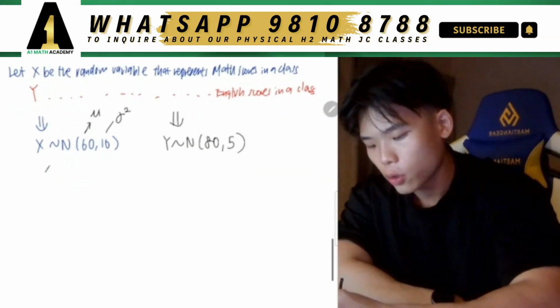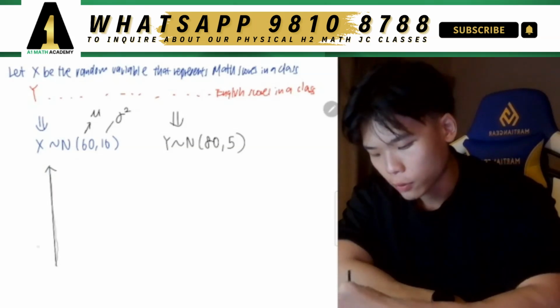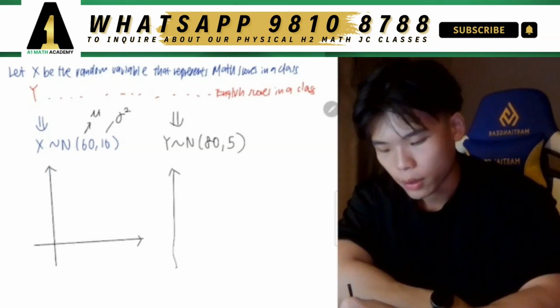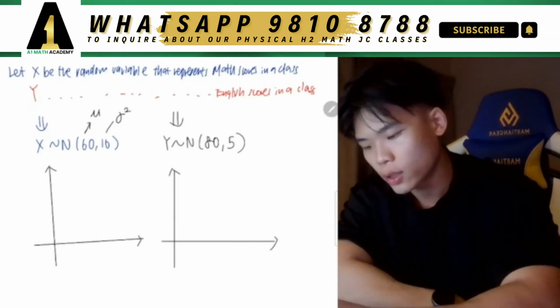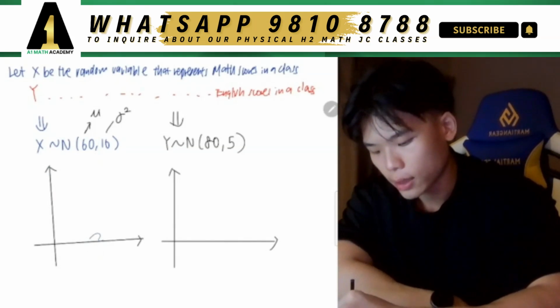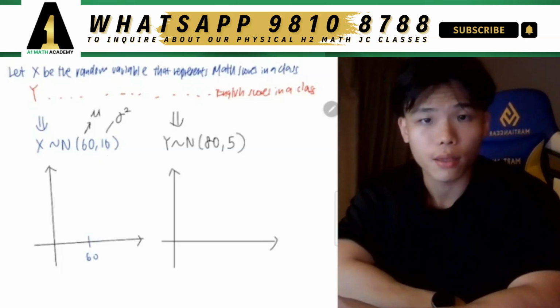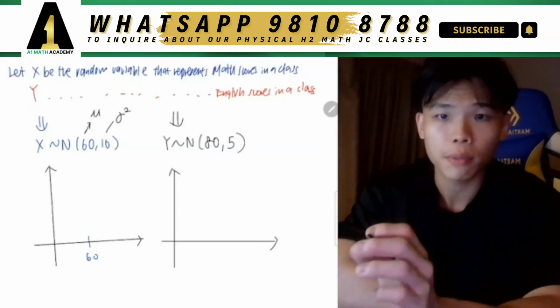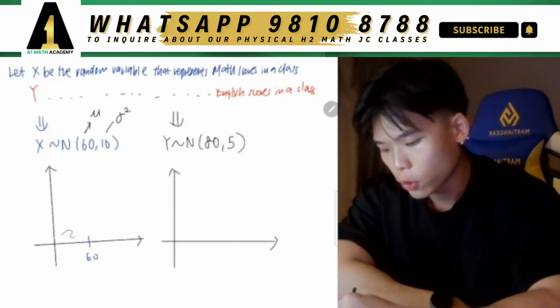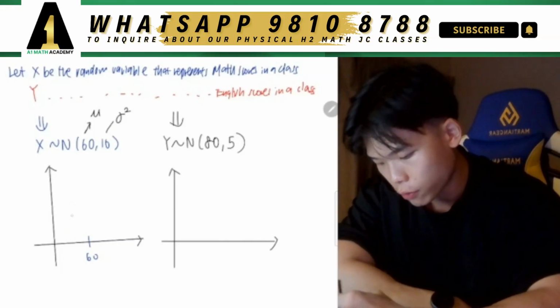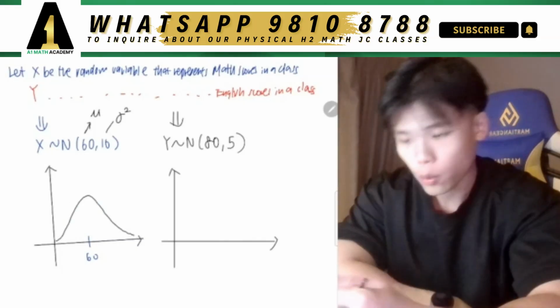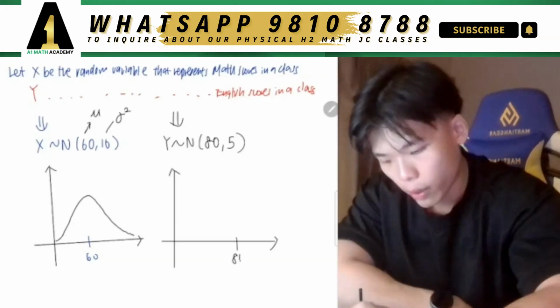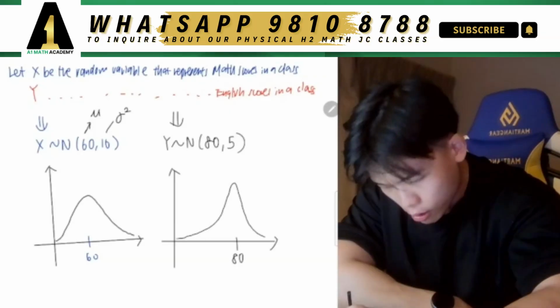So 80. If I were to draw out these two graphs using the probability density function, you see that X's mean is 60. So let's say 60 is here. And 10, the variance, is larger than this. Having a larger variance essentially means the data is more spread out. So if this graph looks like that, we will expect this graph over here, where here's 80, to be a lot skinnier.